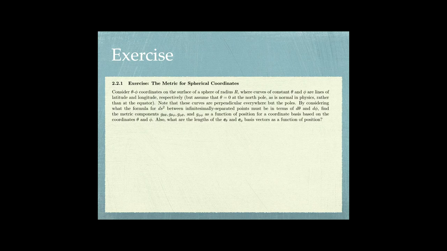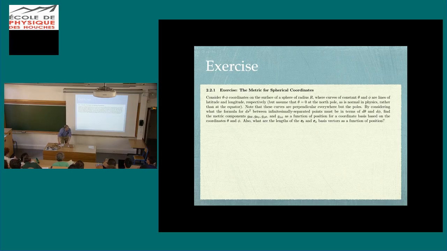I've got an exercise for you to spend a couple of minutes on. We're going to consider theta and phi coordinates on the surface of a sphere of radius r, where curves of constant theta and constant phi are lines of latitude and longitude respectively. But we're going to assume that theta equals 0 at the North Pole, the way we do in physics, as opposed to the way we do it on the Earth's surface.